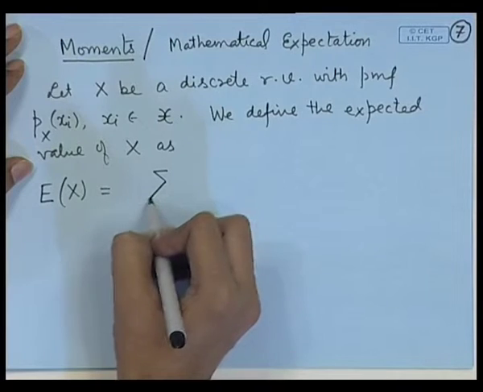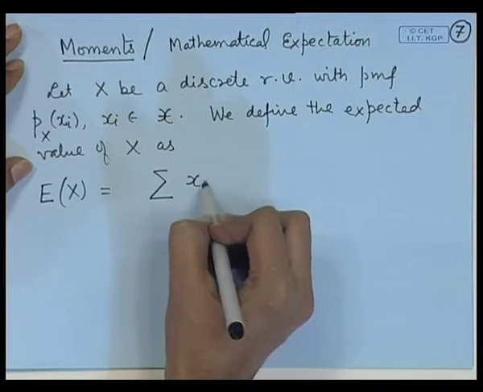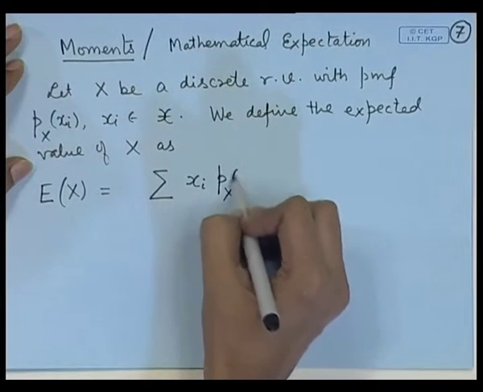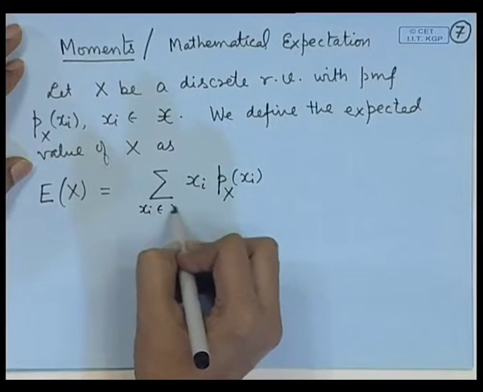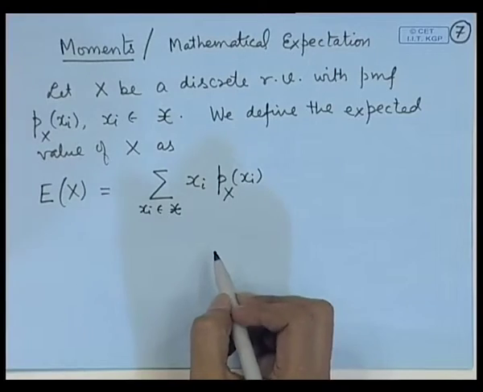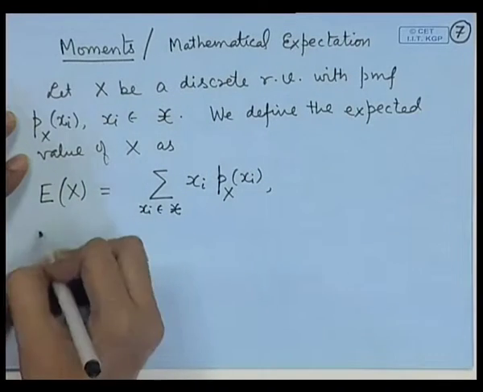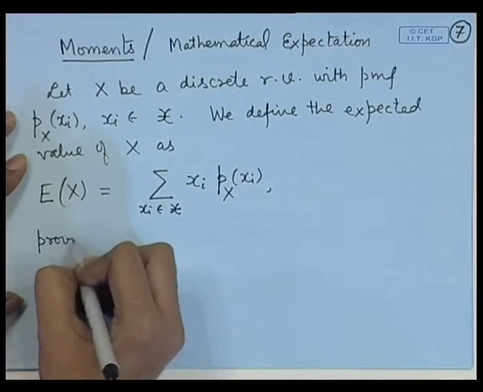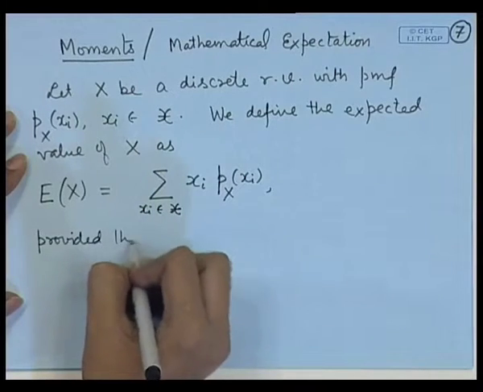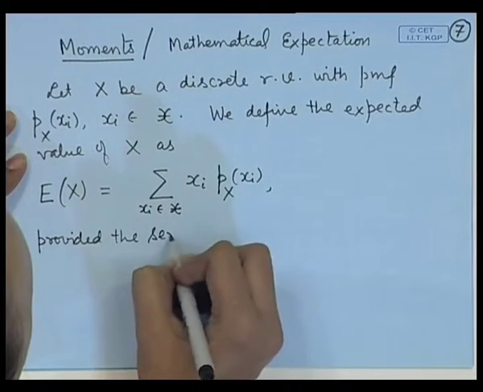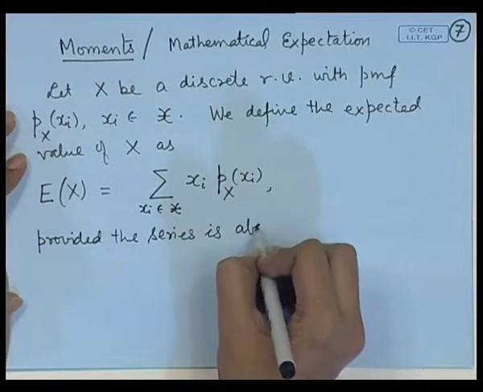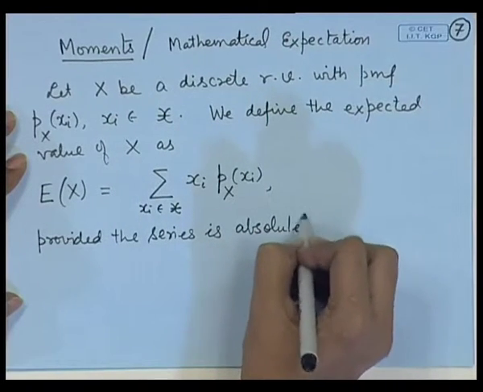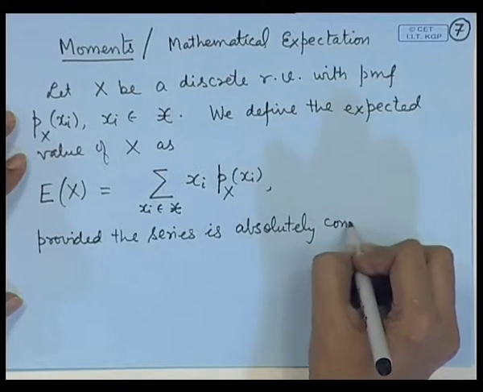This is defined as sigma x_i into p_x(x_i), where x_i belongs to X, provided the series is absolutely convergent.